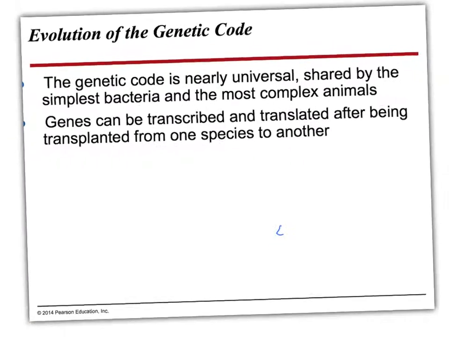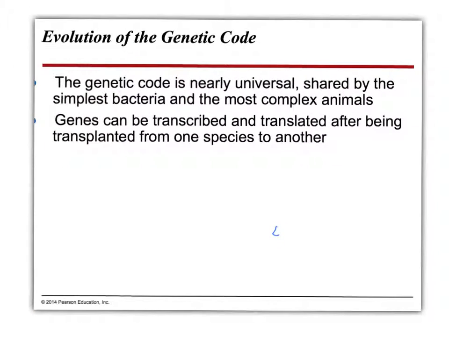All right, evolution. Genetic code is nearly universal, shared by the simplest bacteria and the most complex. If you're counting all the amino acids in a polypeptide, would you still count the one that codes for a stop? If you're going to count the amino acids, no. If I count the codons, yes. So if I gave you a length of RNA and asked how many codons are present, you would count that as a stop.